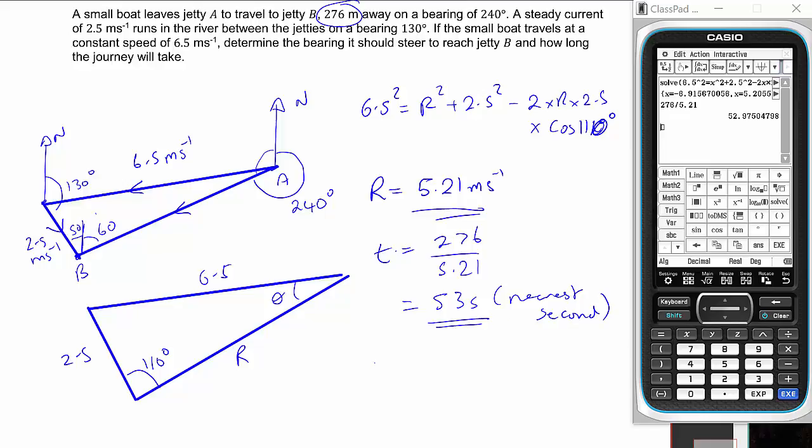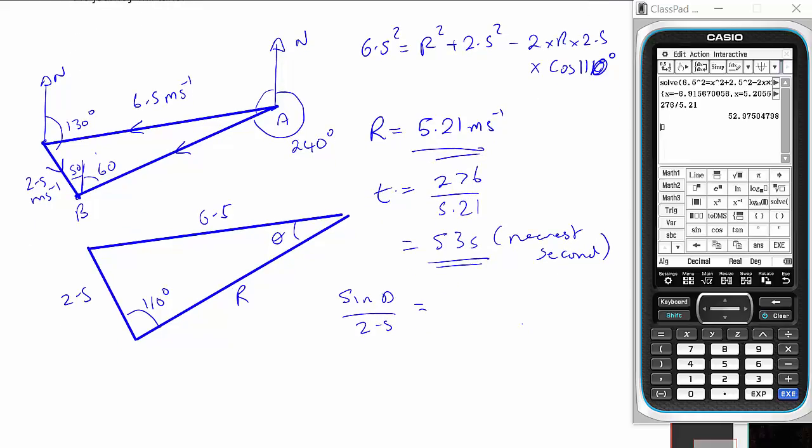Now we'd like to know this angle theta as well. And sine theta over 2.5 is going to be sine 110 over 6.5. So if we do 2.5 multiplied by sine 110 divided by 6.5, that's 0.361.